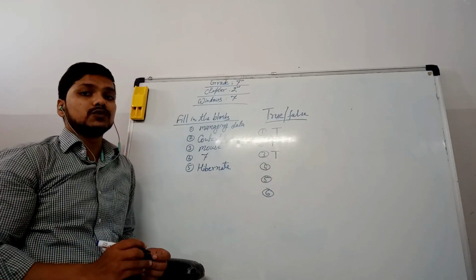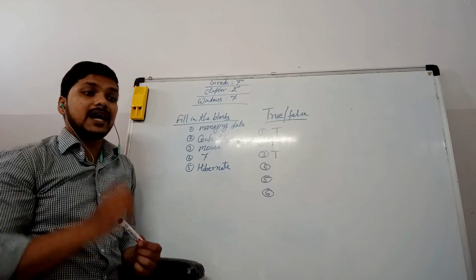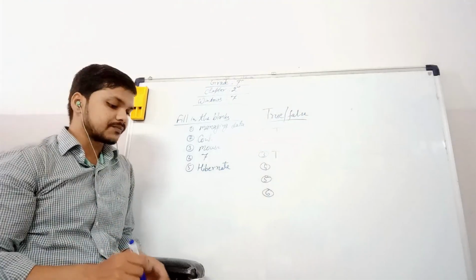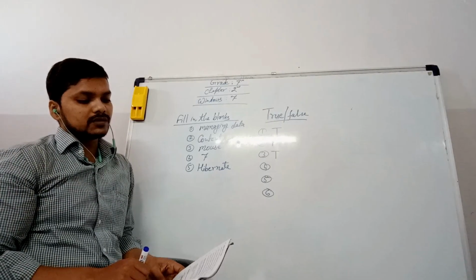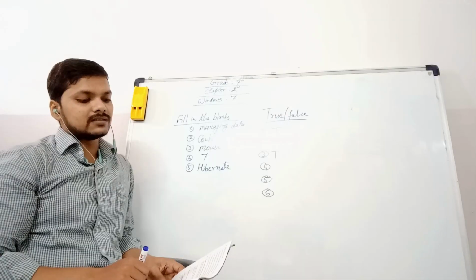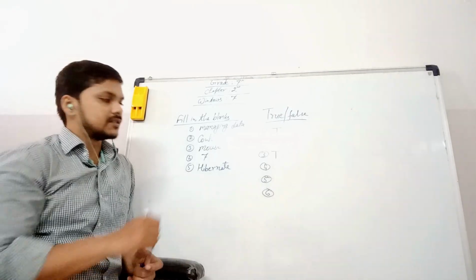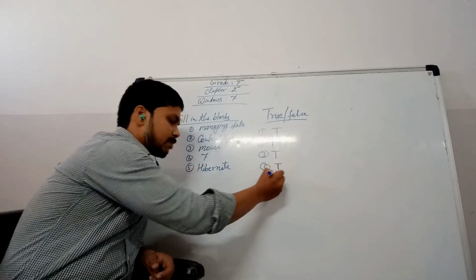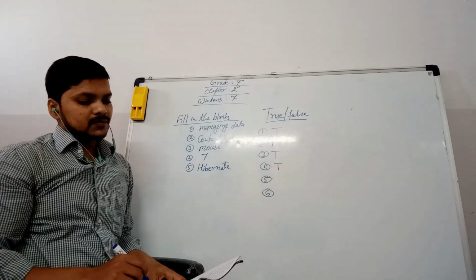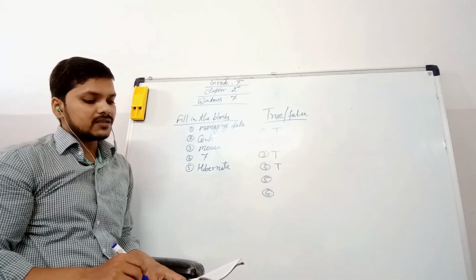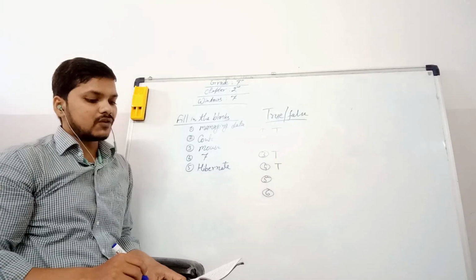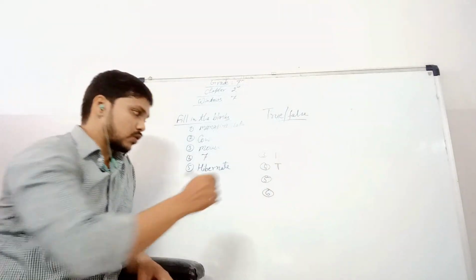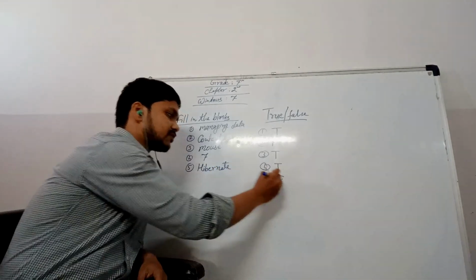When we are pressing 2 to 3 keys at a time, that is called sticky keys. Next is fourth, there are two panes in Windows Explorer. Yes, it is true. Now come to fifth, small icon view is used to view the detailed information about files and folders. No, it is false.